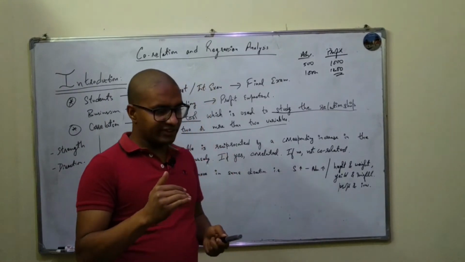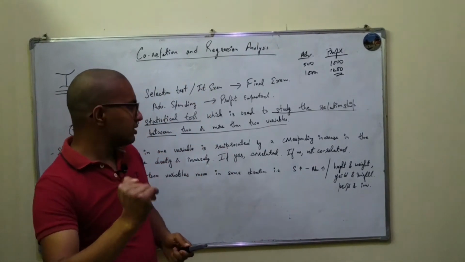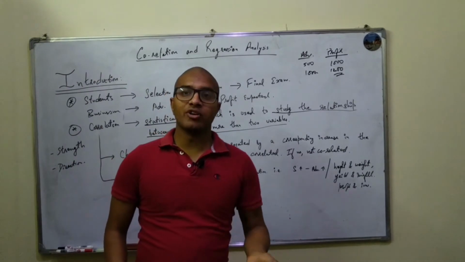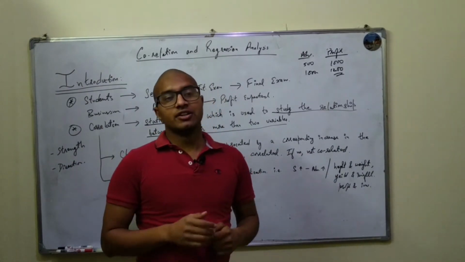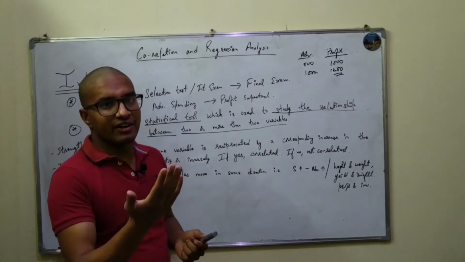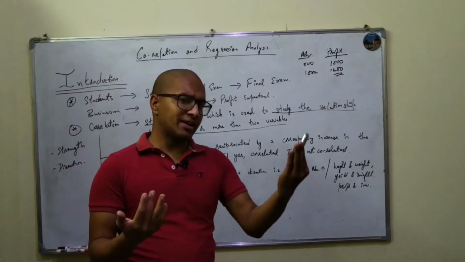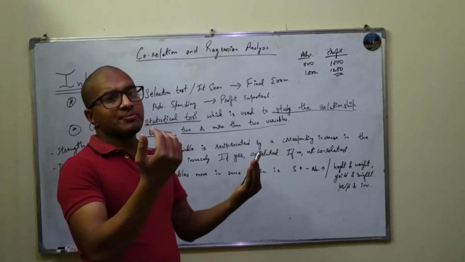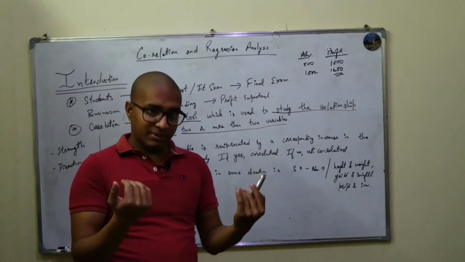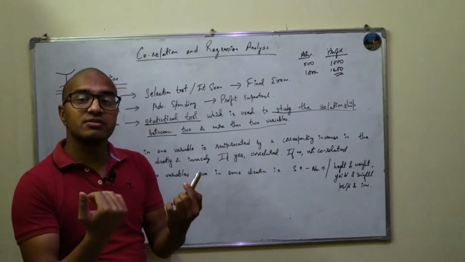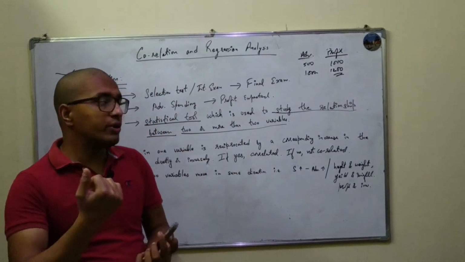As you increase your height, the weight might go up, or your yield and rainfall. You could predict that as well. So if your rainfall is higher for some crop, the yield might be higher. If for some other crop the rainfall is higher, the yield might be less, so there might be negative correlation, but there could be some correlation, right?